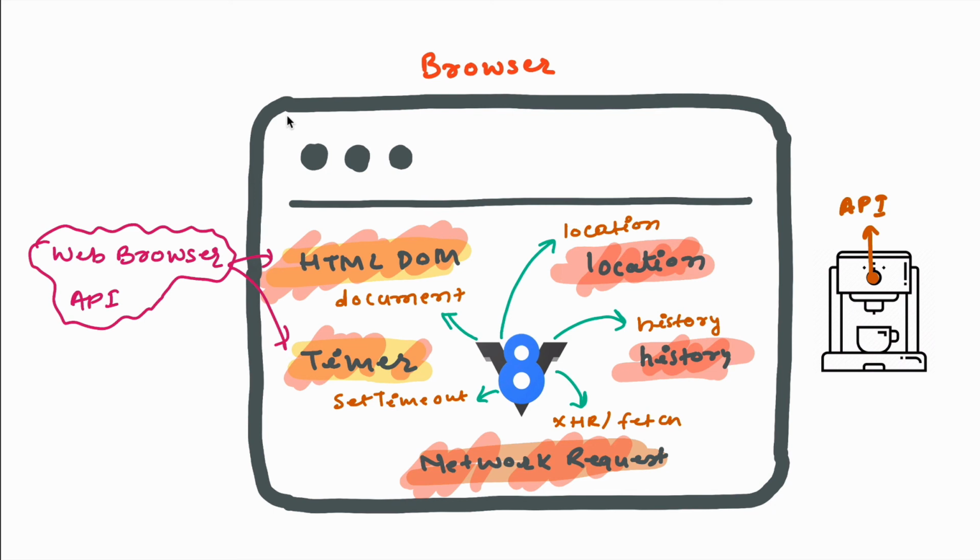When we say document, we know that we are interacting with HTML DOM. When we say setTimeout, we know that we are interacting with the timer API provided by the web browser API. So in the next videos, we are going to look at how this whole ecosystem works together, giving us access to extra functionalities that we can use to enhance our applications.